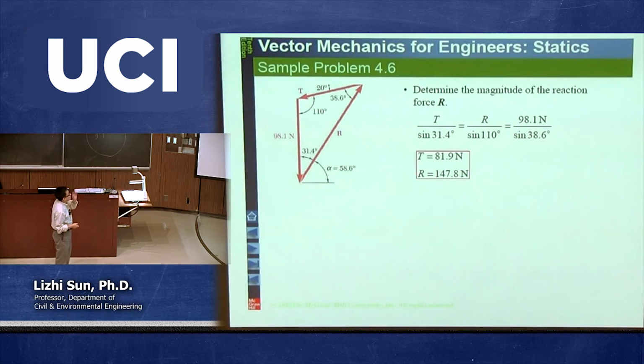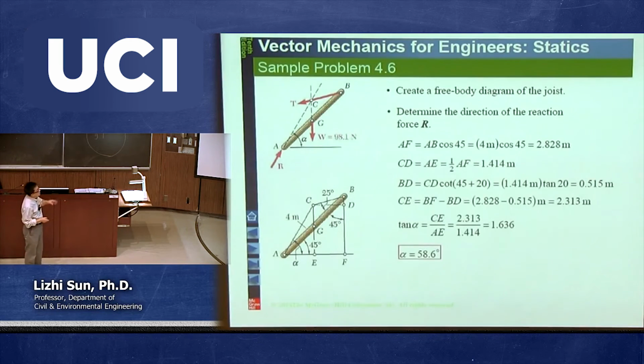But in general, I don't like this method because I believe the component method is very straightforward. It doesn't matter how many forces you apply on the rigid body; you can always solve the problem. This method has certain limitations because you must have only three forces acting on the rigid body. So it's really up to you. If you want to follow this one, it's not a problem. If you do it correctly, you can get the same answer.